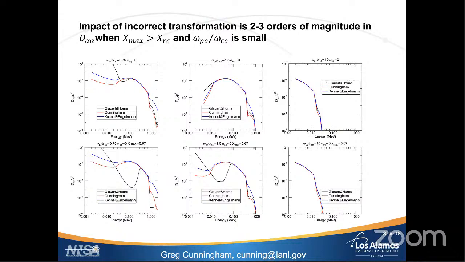I look at three different values of plasma parameter, i.e. the ratio of the plasma frequency to the electron cyclotron frequency, which is 0.7 in the left column, 1.5 in the middle column, and 10 for the right column, and two different values of X max, one on the top row and 5.67 on the bottom row.